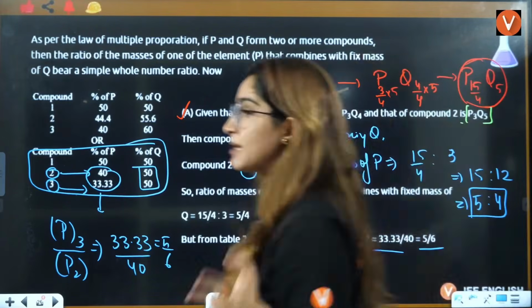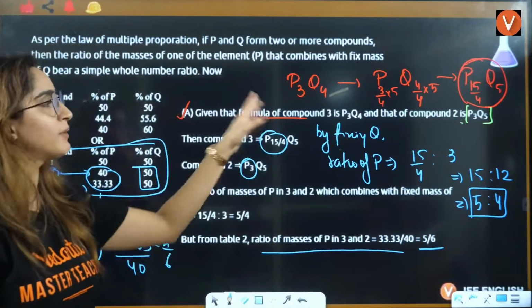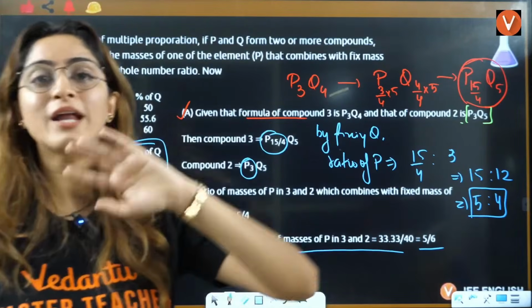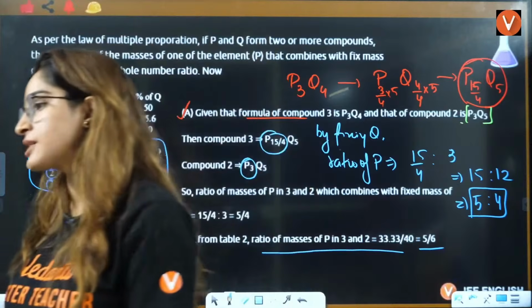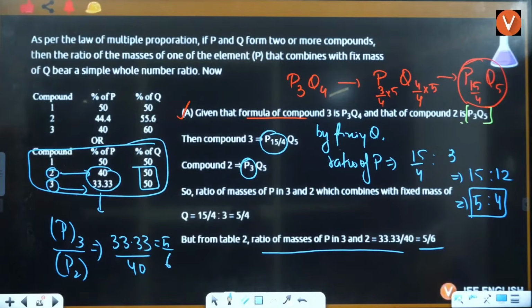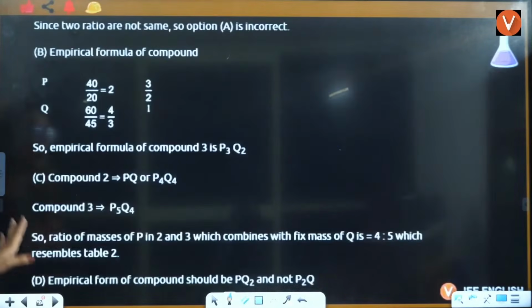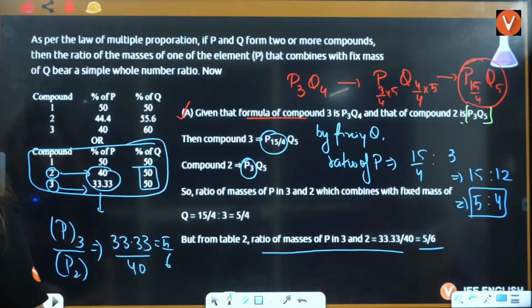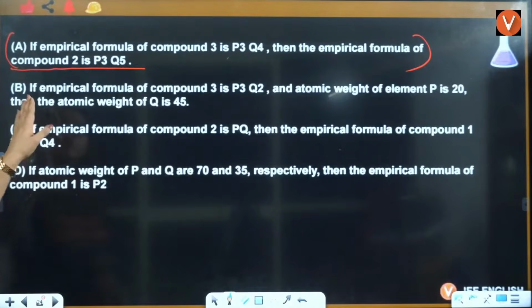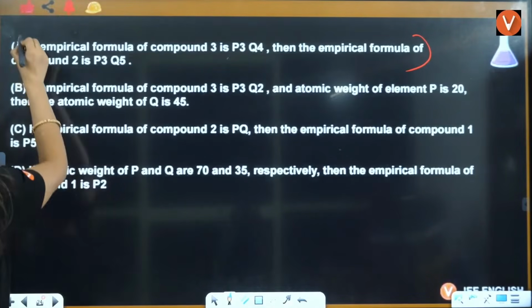That is not the same ratio. That means this statement is not correct, because it is not aligned with the data that is given to you in the question. Okay. Now, next is, second is, wait a minute, let me see what is given here. So first statement is definitely incorrect.